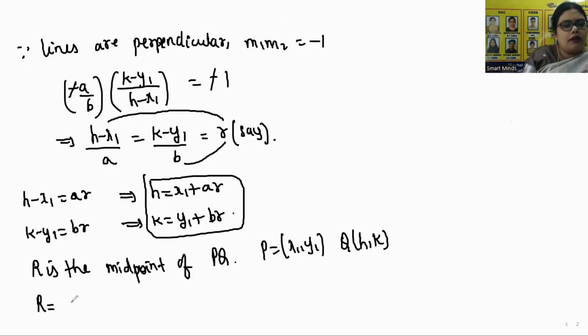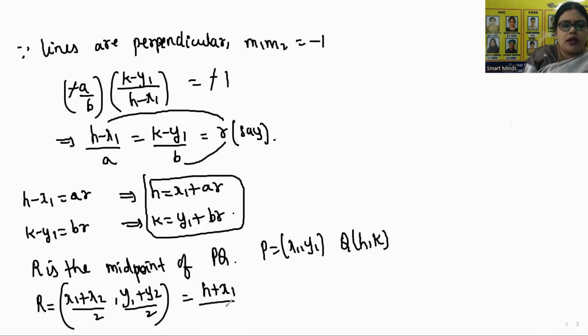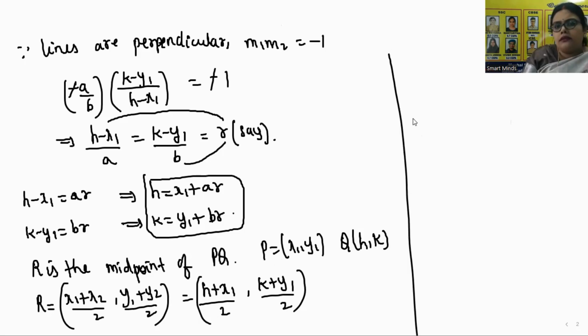How will you get R? ((x1 + x2)/2, (y1 + y2)/2). This is the formula for midpoint. So that is ((h + x1)/2, (k + y1)/2). Now you can see R lies on the line ax + by + c = 0.